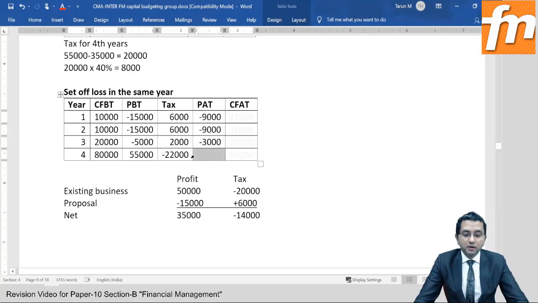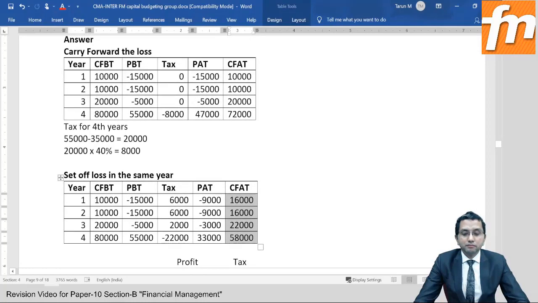And here you made a profit of 55,000, hence you paid tax 22,000. That's why this is 33,000. And then add back depreciation, which was 25,000. So, if you carry forward the loss, your cash flows are like 10,000, 10,000, 20,000, and 72,000. And here your cash flows are like 16,000, 16,000, 22,000, and 58,000.